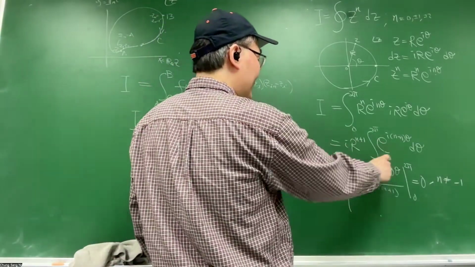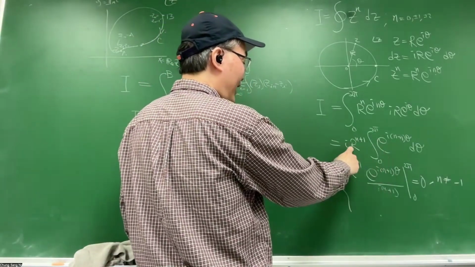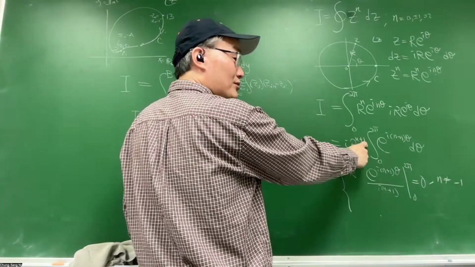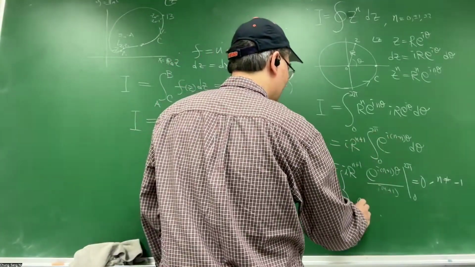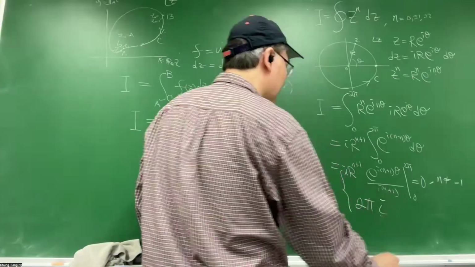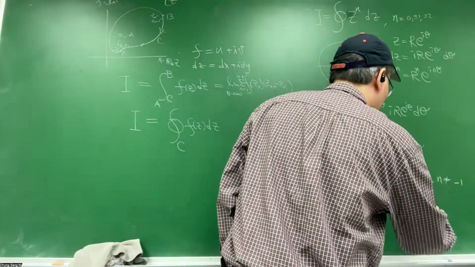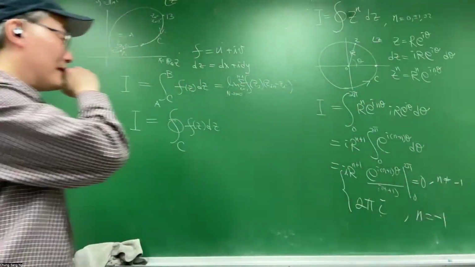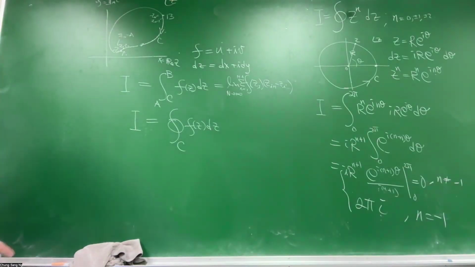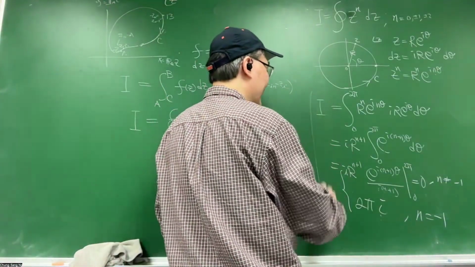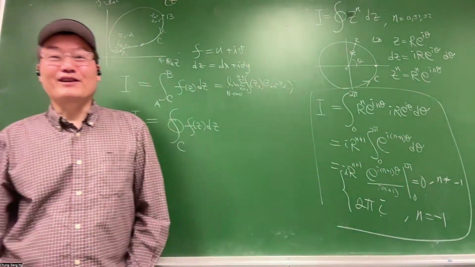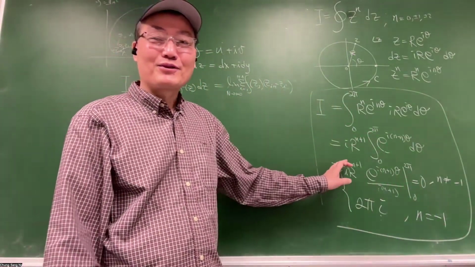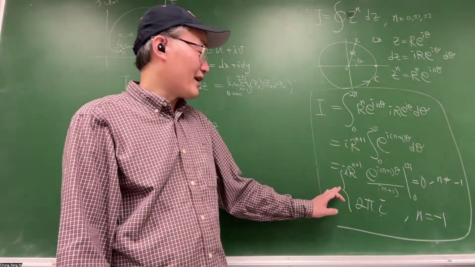So 2 pi times i times R to the n plus 1, and n plus 1 is still 0, so this is 1. So everything is 2 pi i. Okay, so I spent a lot of time here because you need to remember this. This is central to our later applications.